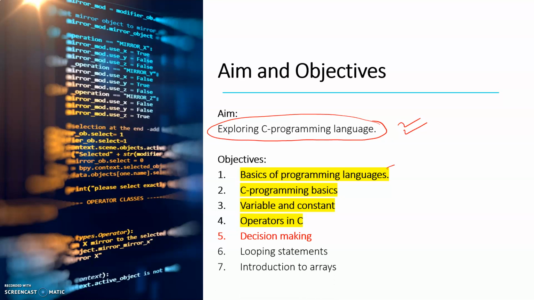So far we have completed objective number 1 to objective number 4. In this session, that is part number 4 of week 2, we are going to explore decision making statements, and the remaining two will be discussed in the coming video lectures. So we'll start the discussion on decision making statements, which is given in the next slide.